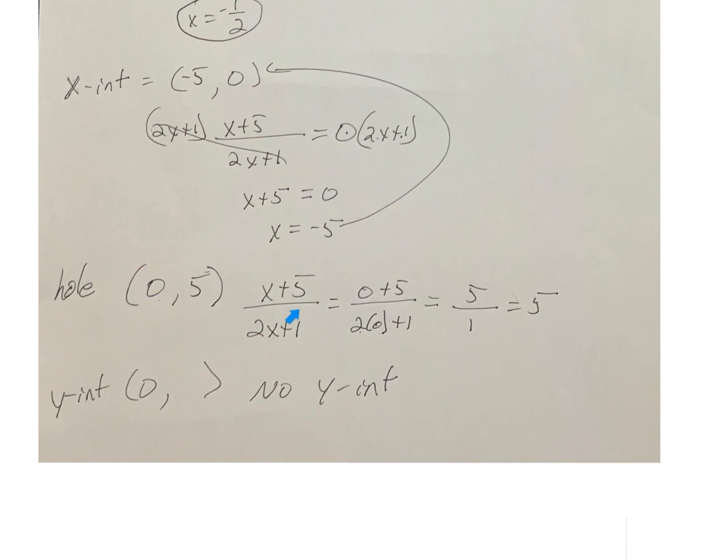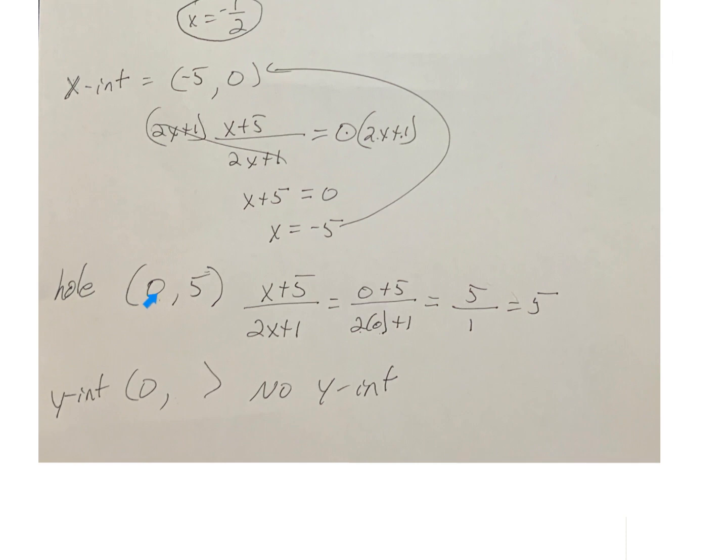So x plus 5 divided by 2x plus 1, plug in that 0 that we determined at the beginning is the x that creates the hole, and 0 plus 5 is 5, 2 times 0 plus 1 is 1, and 5 over 1 equals 5. So we have a hole at (0, 5).